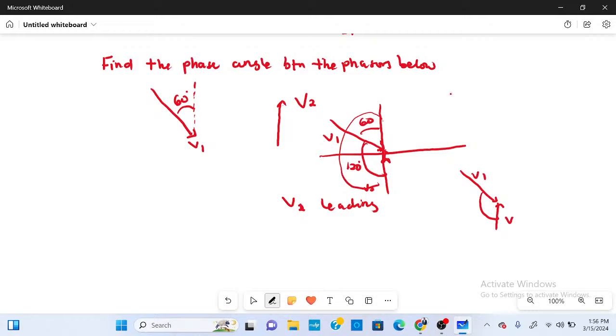You realize that we need to turn this across an angle of 120 before it will be like this V2. Because we are moving, it means our V2 is leading the V1 by 120 degrees. So the phase angle the question asks us to find is 120 degrees. That's all.